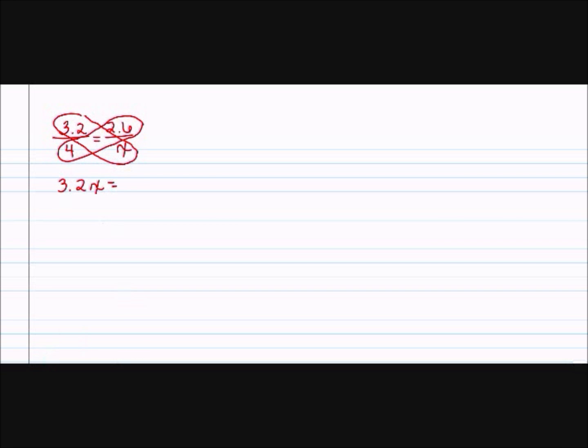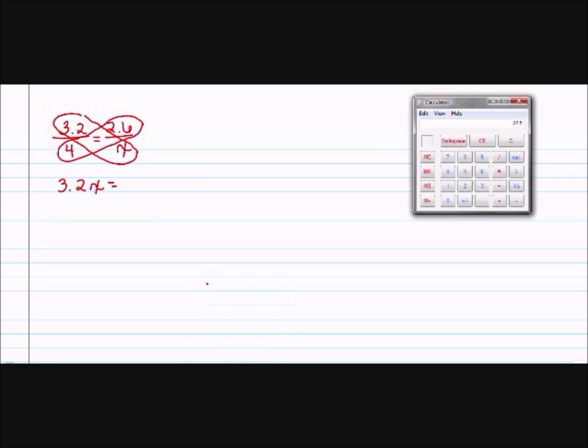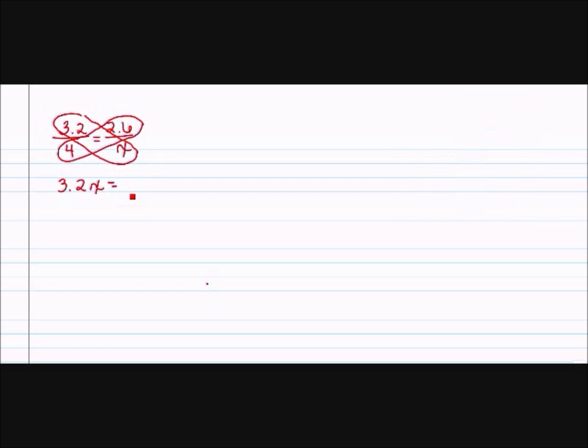Call up my calculator, if I can find it. There it is. Hit clear, and I need to know what 4 times 2.6 is, Mr. Calculator, and that would be 10.4.